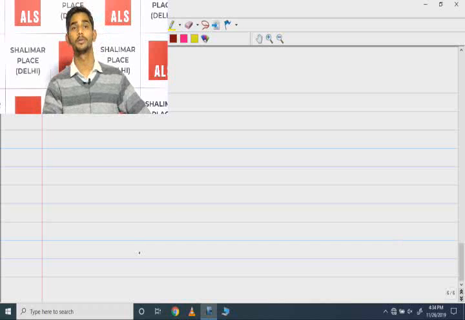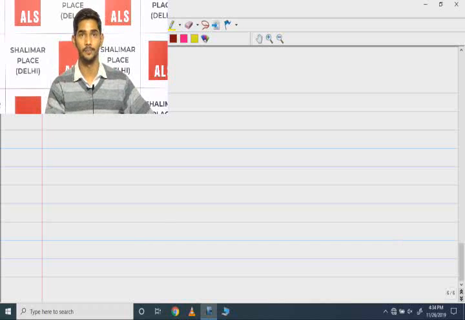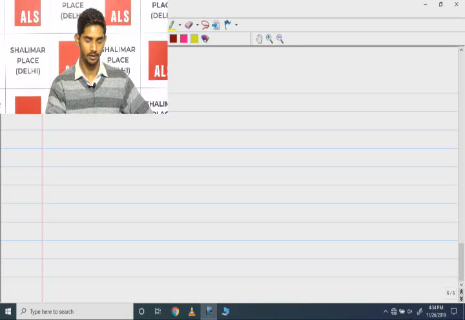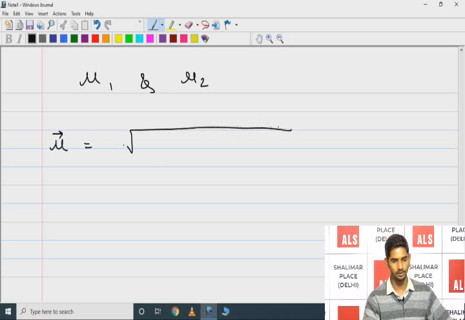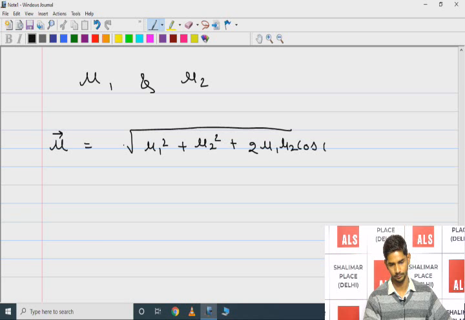Guys, now I'm going to discuss the formula of the dipole moment with you. See the net dipole moment. Suppose we have two dipole moments mu1 and mu2, and we have to calculate the resulting dipole moment. The resultant can be calculated with the formula: under the root, mu1 square plus mu2 square plus 2 mu1 mu2 cos theta.